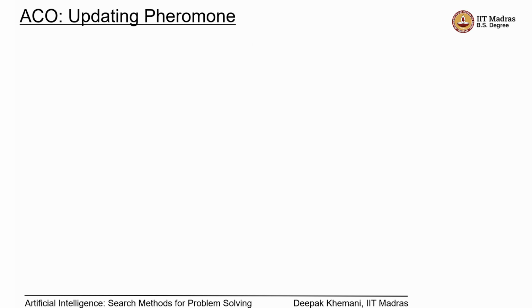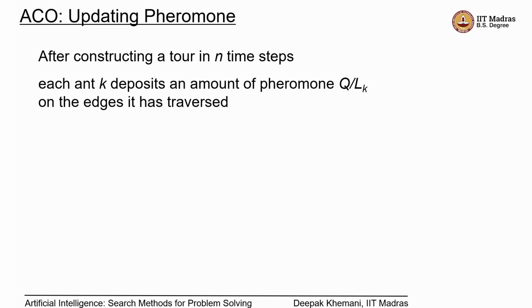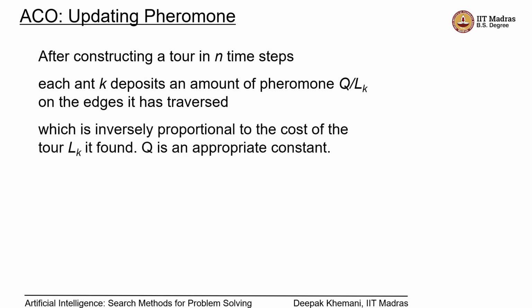How does it update the pheromone? That's the second question that we have to address. So after constructing a tour in n time steps, remember there are n cities, and in n time steps it moves from one city to the next city. Each ant k deposits an amount of pheromone which is given by a constant Q divided by the length of the tour found by the kth ant.